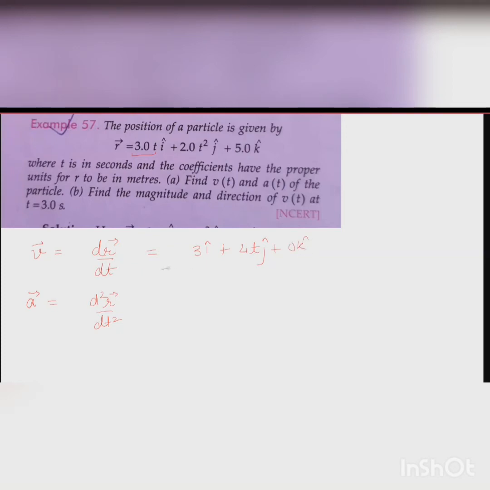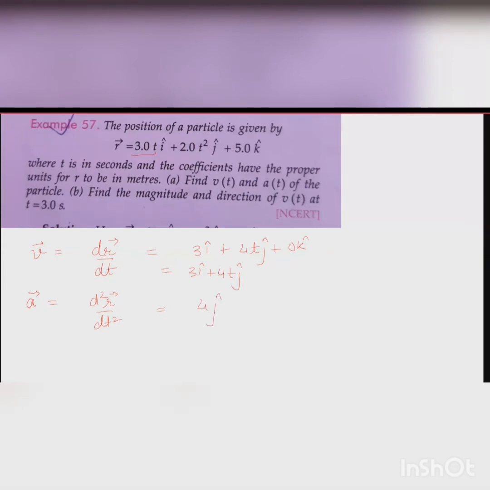So my final expression becomes 3i hat plus 4t j hat. For the acceleration vector, it is 4j hat. Okay.